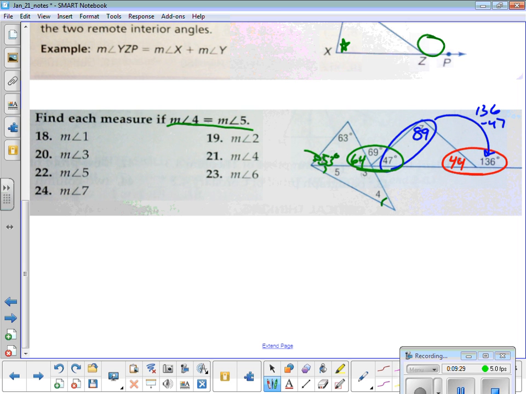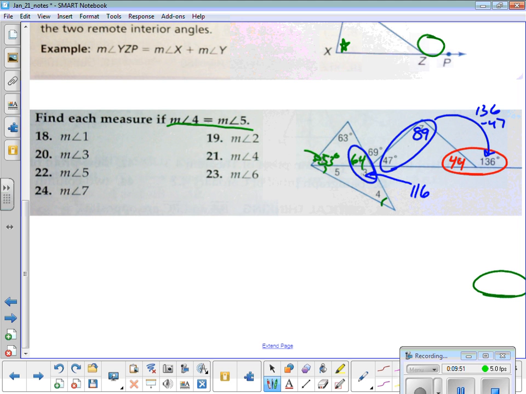So that leaves us with the triangle at the bottom, the 3, 4, 5 triangle. Here's the thing to notice again. Here's a linear pair. So we should be able to figure out the measure of angle 3 pretty quickly by taking 180 and subtracting 64. And it says that angle right there is 116.